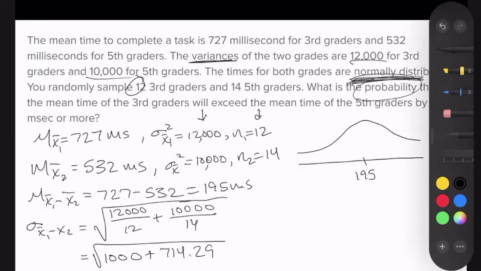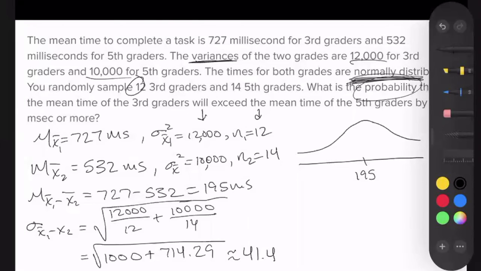And I can add these two and then take the square root. So that's going to give me about 41.4.